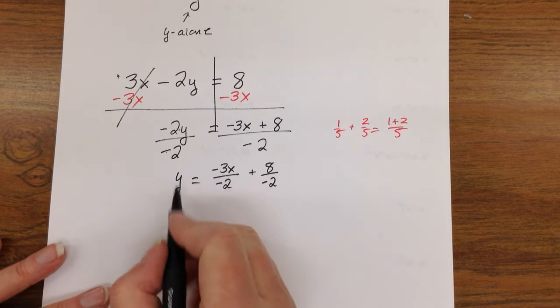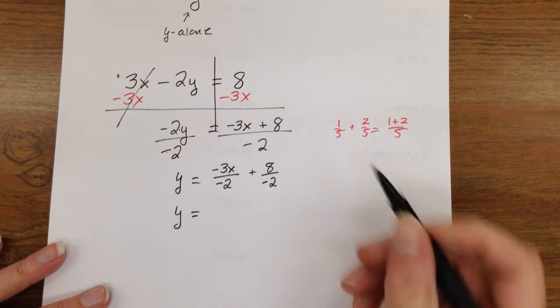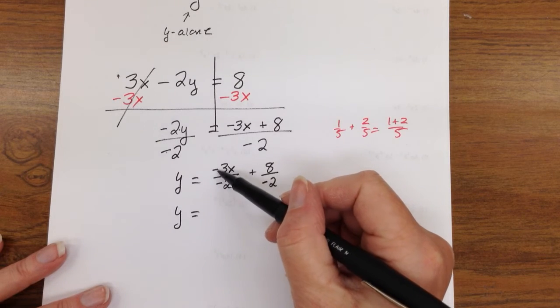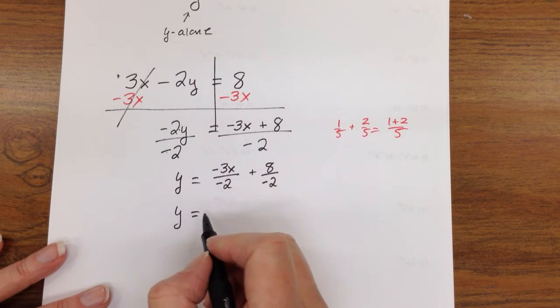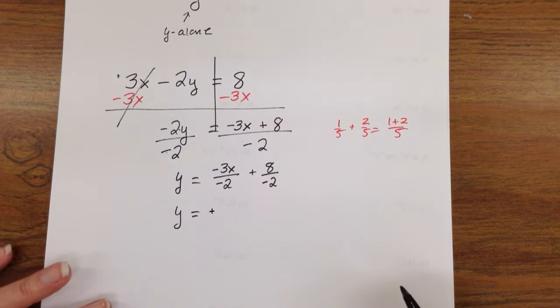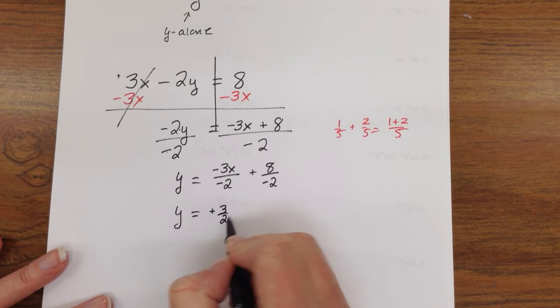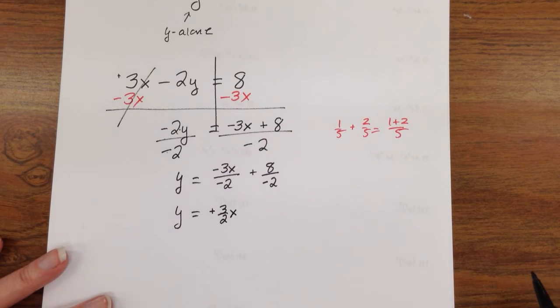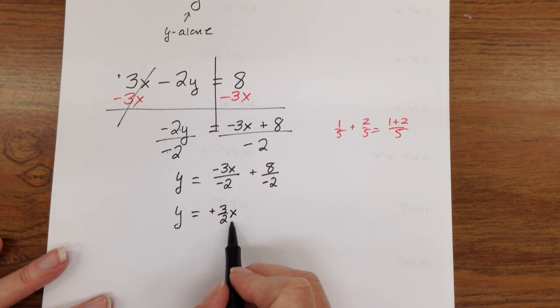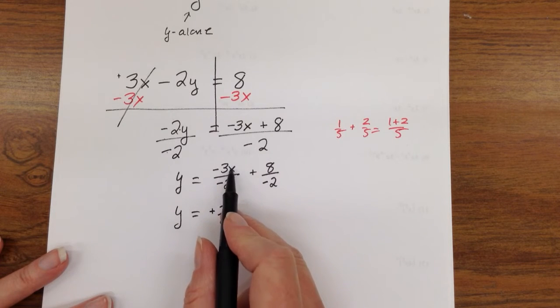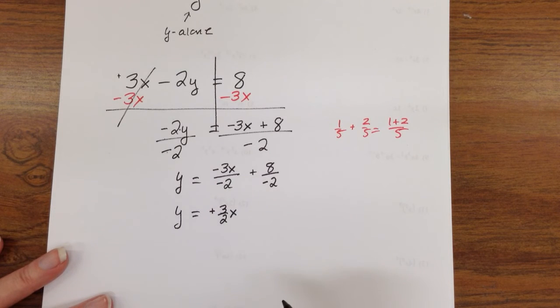Y equals a negative divided by a negative is positive. You don't have to write the plus, but I want to put it there just so we're sure we looked at it. I write the fraction 3 over 2, and I put the x with it. Remember, x over 1 would put the x in the top, so you can either write it in the top or write it next to it.